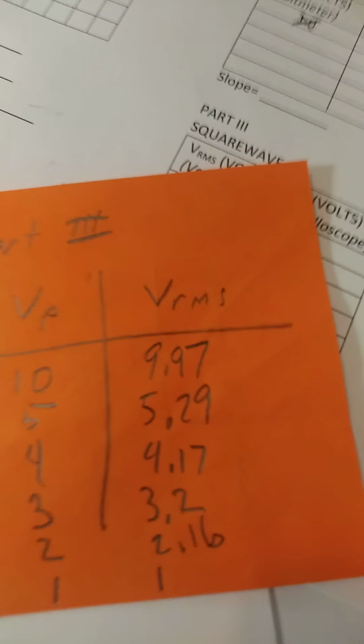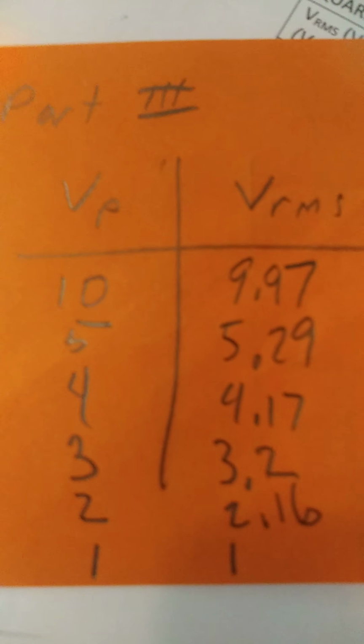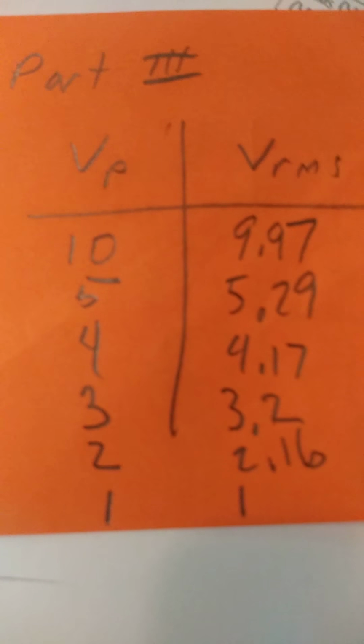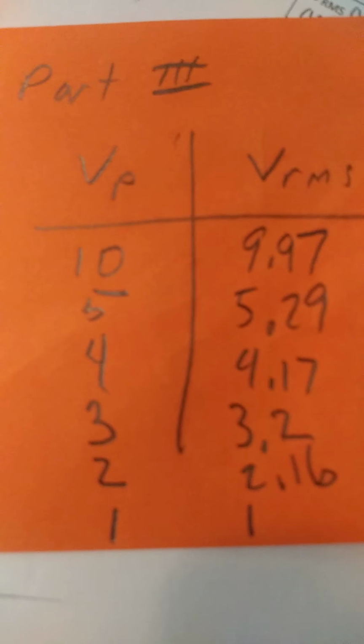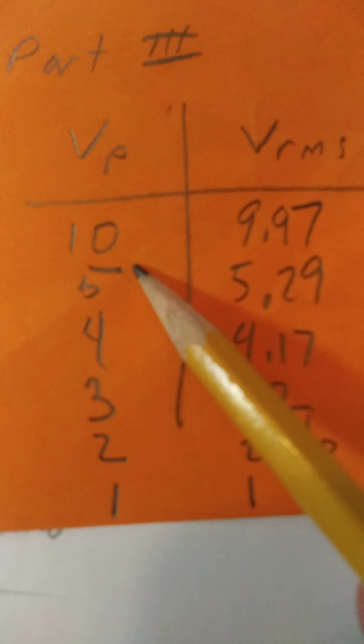So here is the data for part 3. There's my data table, so just copy that into your data table, and then you're going to graph the peak voltage on the horizontal scale and the RMS voltage on the vertical scale.